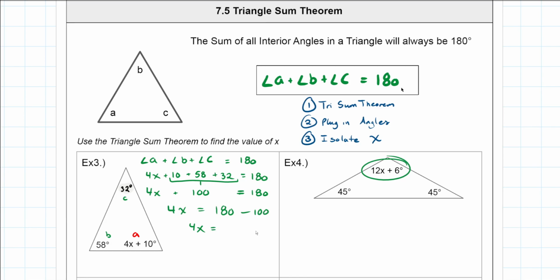4x equals 80. And then you might think, okay, so do I subtract the 4? This is a mistake some of us are still making, so I want to clarify this. When you have a coefficient, think of the coefficient as a really sticky number. If I subtract the 4, I would have to subtract the x as well. If I move the 4, I have to move the x with it.